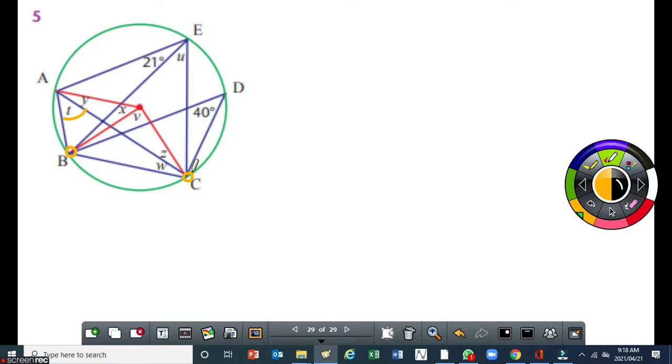You need to be very specific. Which angle here is subtended by chord BC? It's angle U, this angle here. But we don't know the value of U. But angle U is subtended by chord BC, which means angle U is equal to angle T. And also, this angle here is also subtended by chord BC. So we have three angles that are subtended by the same chord.